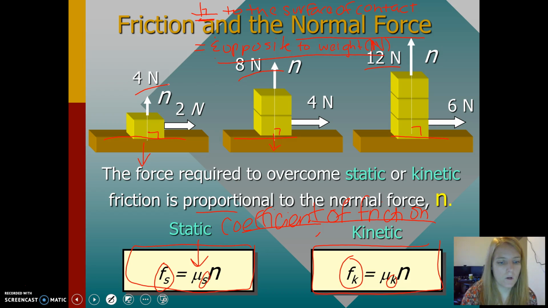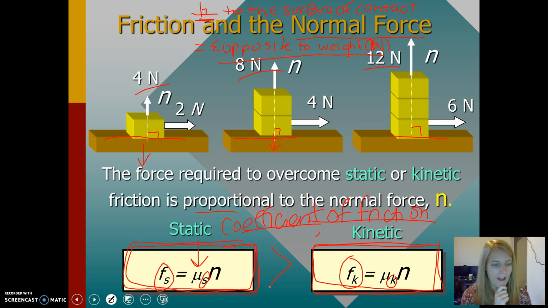So that's what these two equations down here, which I do want you to write down, represent. This is talking about the static friction, how much you have to put in to get it to start moving, versus kinetic friction. Remember, this one is always greater than that one. And that's how much force you have to put in to continue it moving, to keep it moving.